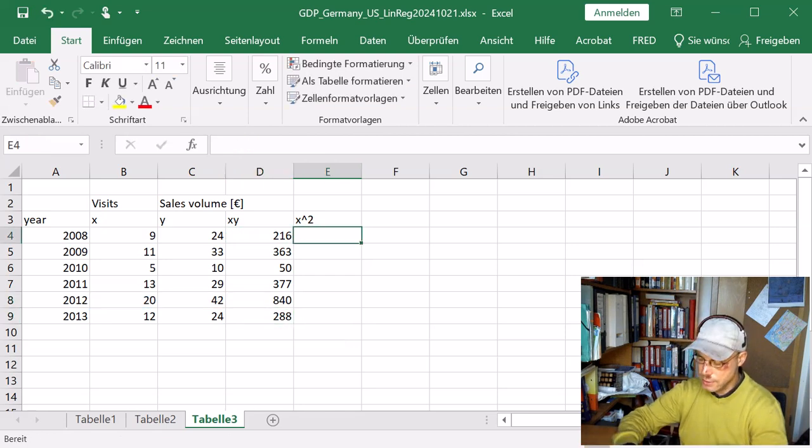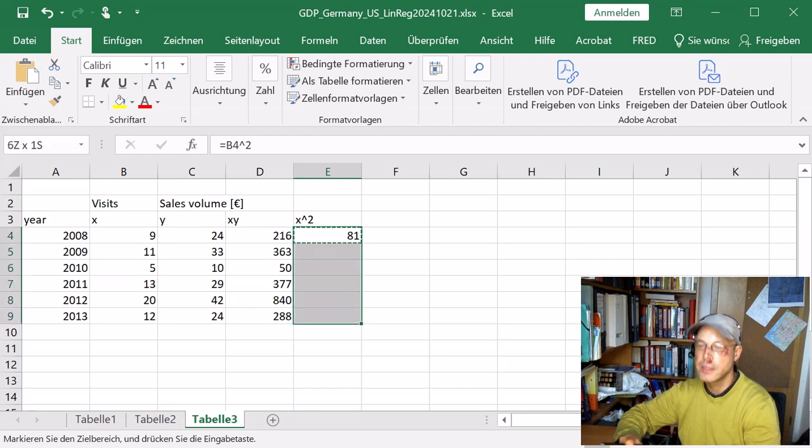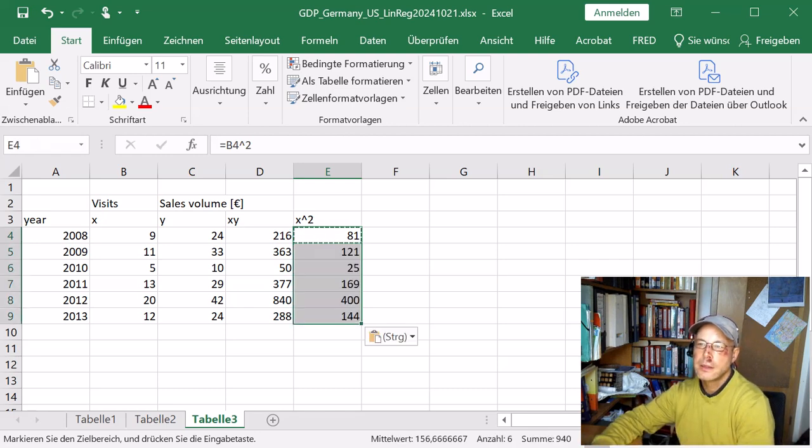Also, we need the sum of x squared. So 9 squared is 81, 11 squared is 121, and so on.